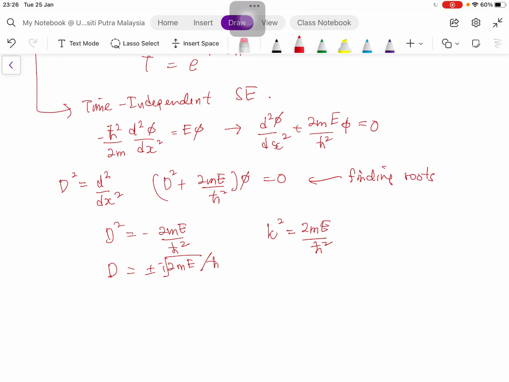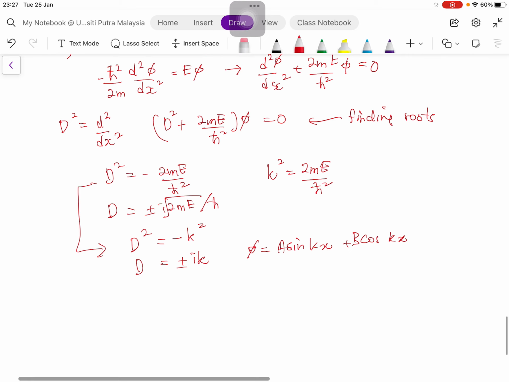So then D² equals minus k². Your D again is just plus or minus ik, then your solution of phi will be in terms of sin kx plus cos kx. Of course you have some constants that you need to determine.